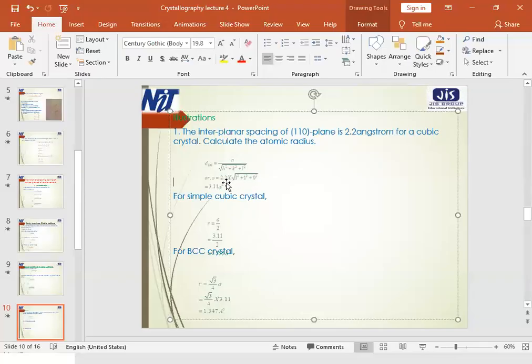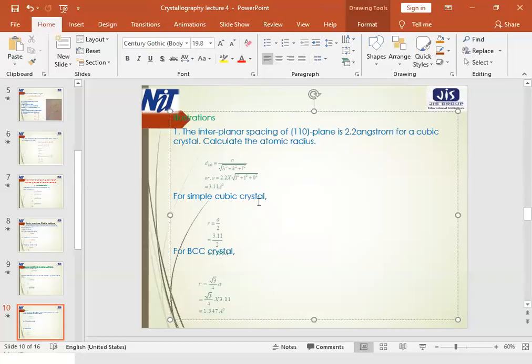The value of d is 2.2 and the values of h, k, l are 110: h is 1, k is 1, and l is 0. So 1 square plus 1 square, that is 1 plus 1, root 2, so root 2 into 2.2. This will be 3.11 angstrom.